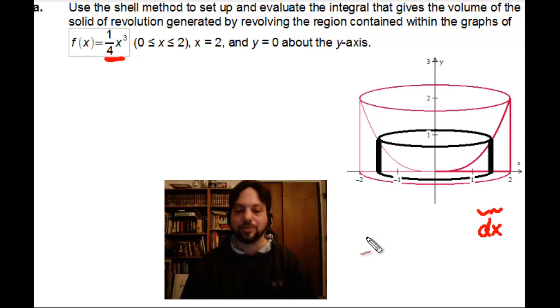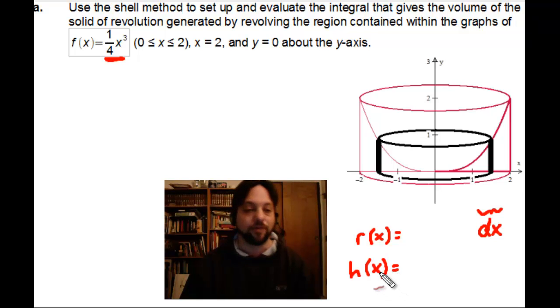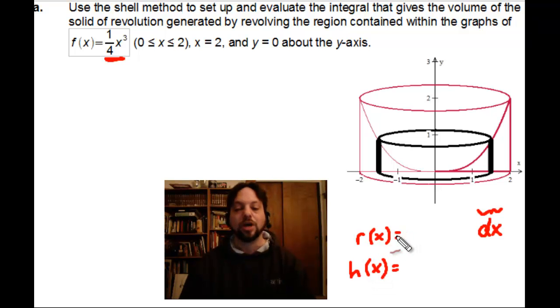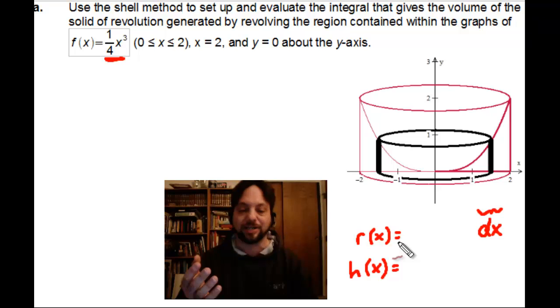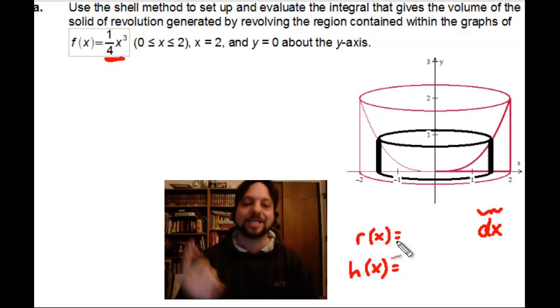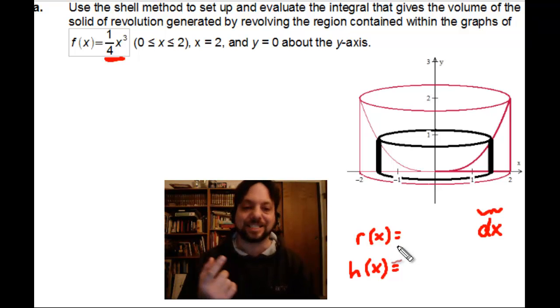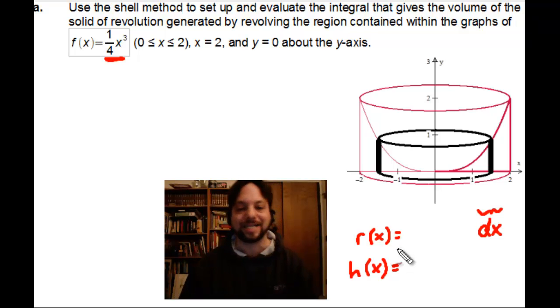There's really only two things that we need to determine. We need to determine the radius function, and we need to determine the height function. If we can get both of these, then we can set up our formula for using the shell method to come up with the volume. So what is the radius of any shell that I draw on this solid? Well, the axis of revolution is x equals 0. That is the y-axis.